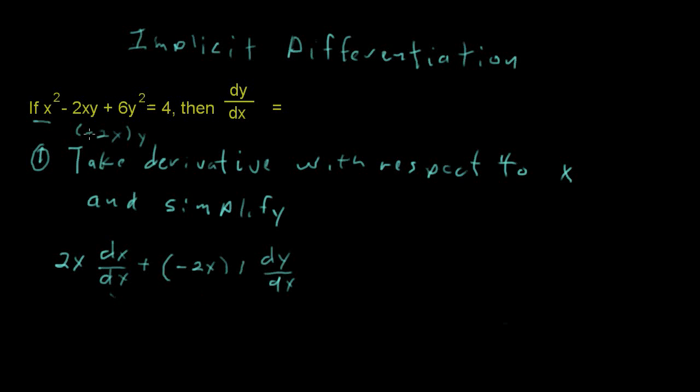Now let's do second. That would be plus y times the derivative of the first, and that would be negative 2 dx.